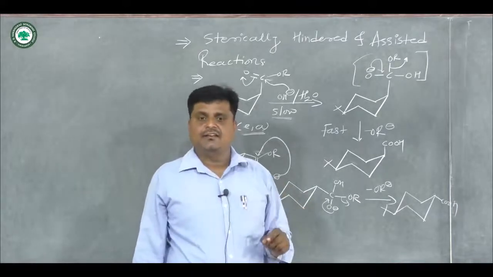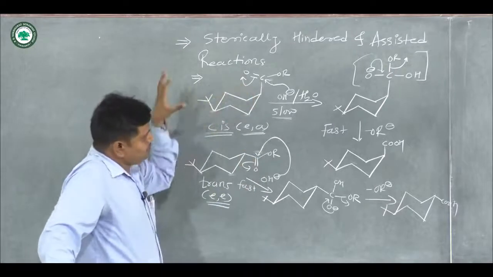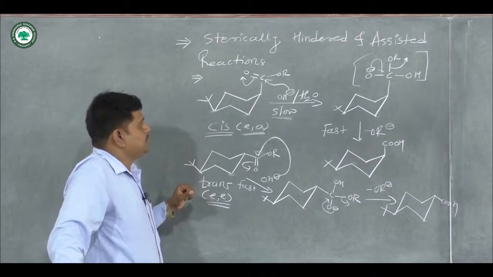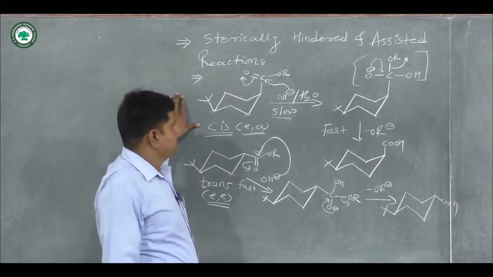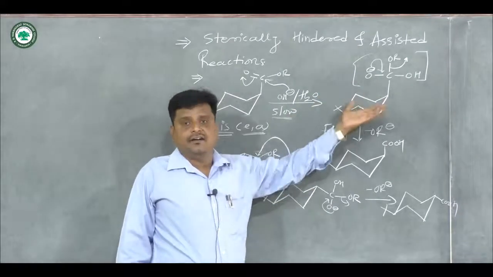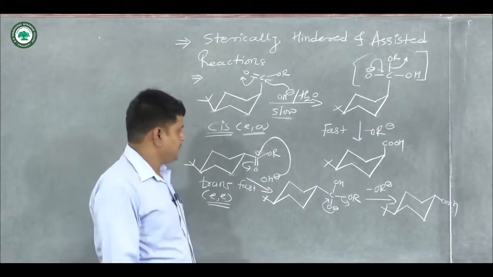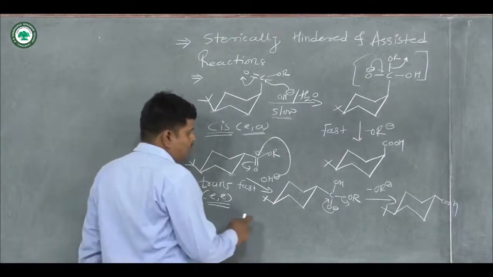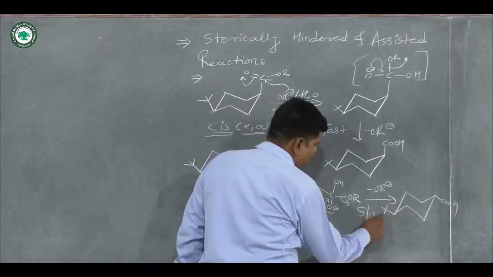In this reaction the rate is somewhat slower or normal in both cases. So first, one question: the rate of the cis isomer is higher than that of the trans isomer. Here we write slow.